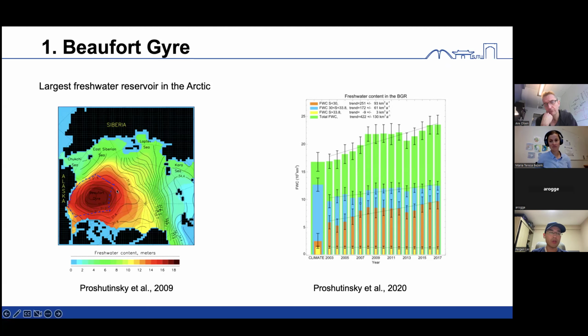Which means you have more freshwater released somewhere in the Arctic Ocean, through the archipelago or Fram Strait to the North Atlantic, and you would expect to see more freshwater export from the Arctic to the North Atlantic that could impact the overturning circulation in the probably near future. We don't have the evidence yet, but yeah.